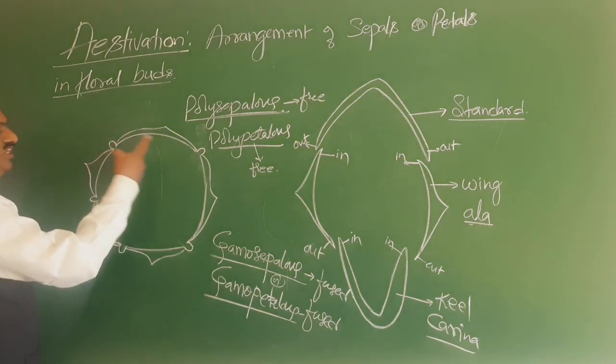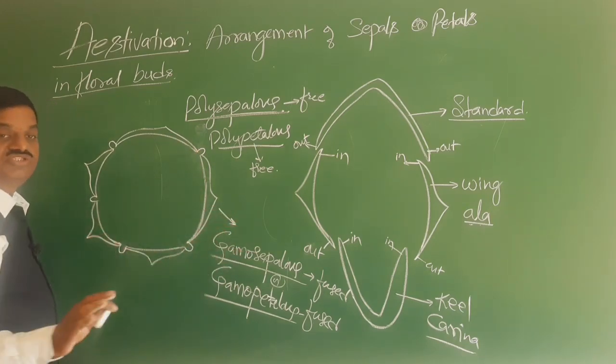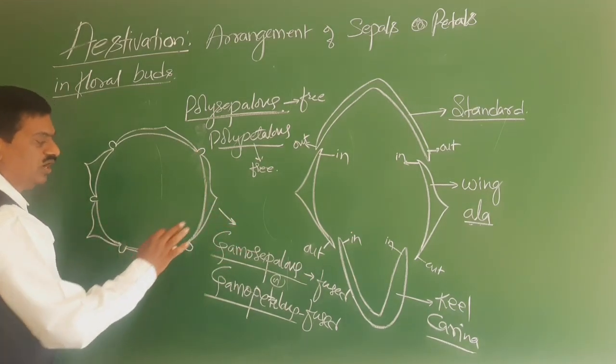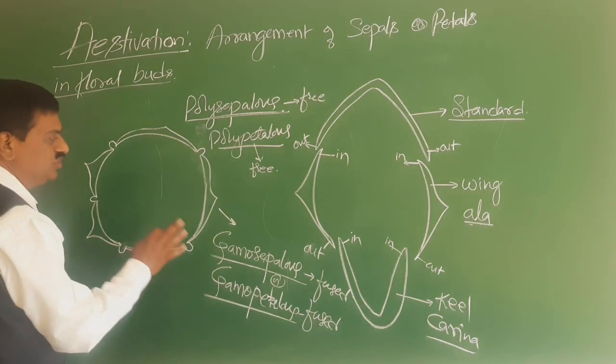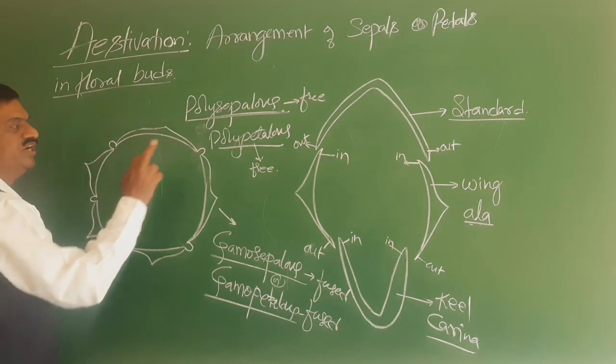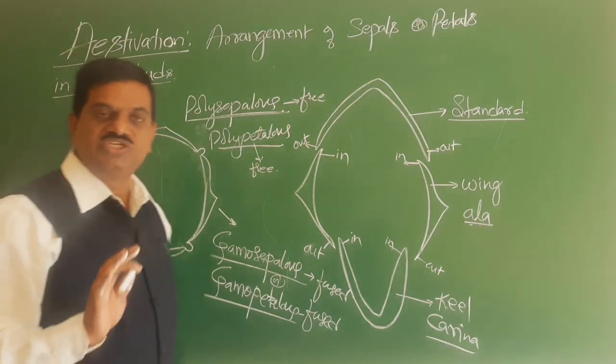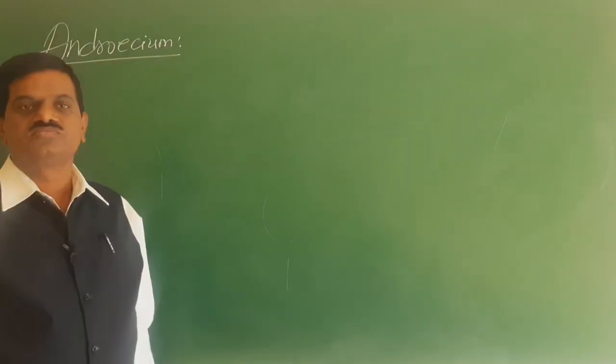When you show this, it indicates they are fused. Gamo means fused. When you write like this, it is fused. When it is free, they should have a gap. So these words are to be remembered.